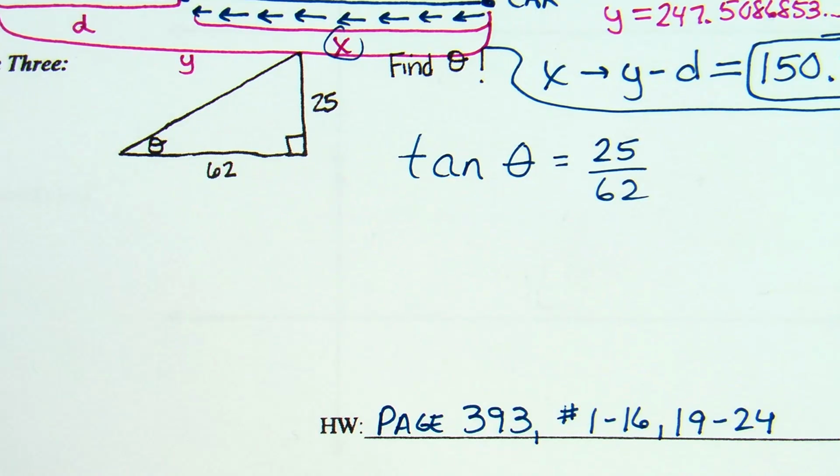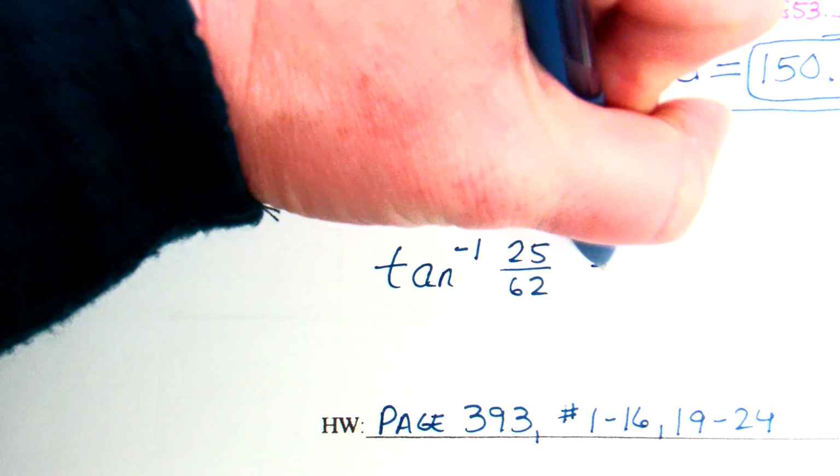So the inverse allows us to switch the input and output. And can your calculator take over from here? It has to. We don't have a way without the calculator, okay? This is not one that's on our chart. So, second tan, 25 over 62.